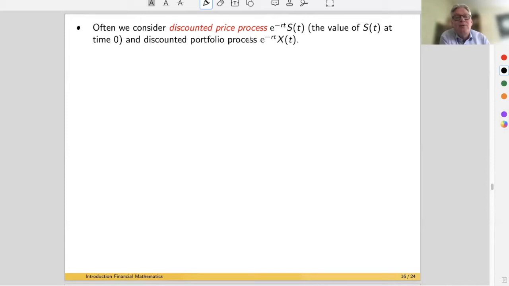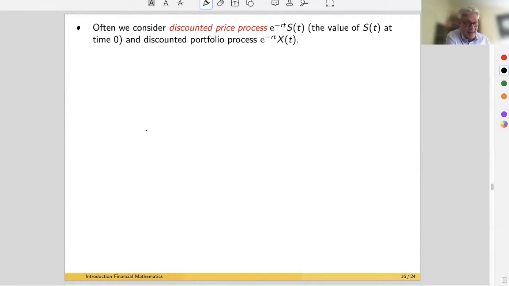And that exponential e to the power minus rt, I have mentioned that in my very first lecture, right? That discounting: what is the value at time 0 if the value at time t is x of t, that is e to the power minus rt times Xt. The discounted processes. Well, how do we get to the discounted processes?